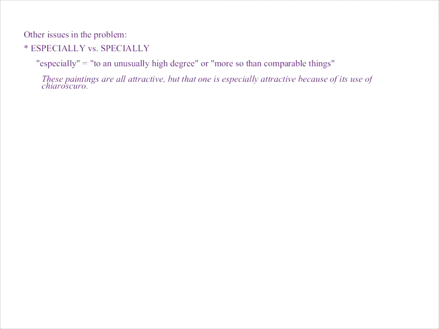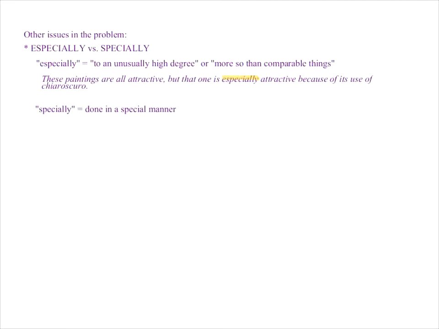So notice that especially just means it's more attractive than the other ones are. So just to a greater degree. Specially is the adverb form of special, so it just means done in a special manner.